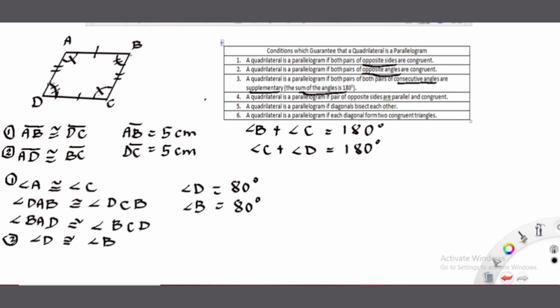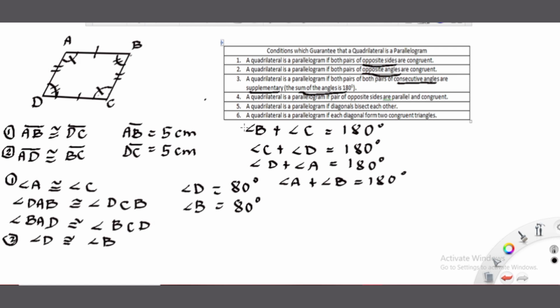The same with angle D and angle A. So when we add angle D and angle A, their sum is 180 degrees. Also with angle A and angle B. So angle A plus angle B is equal to 180 degrees. So that is what is meant by consecutive angles.